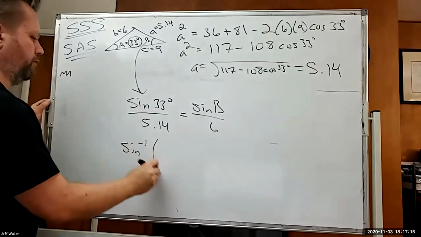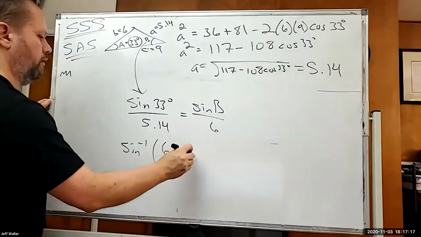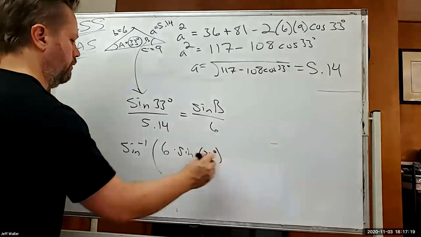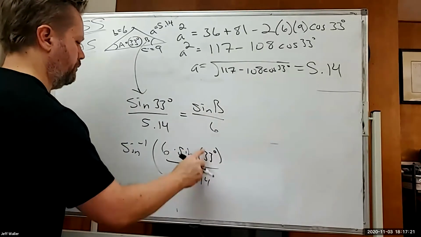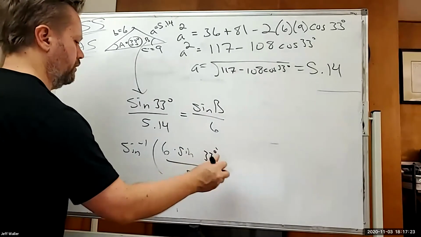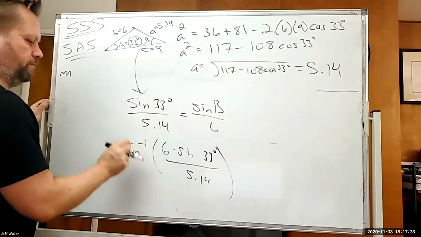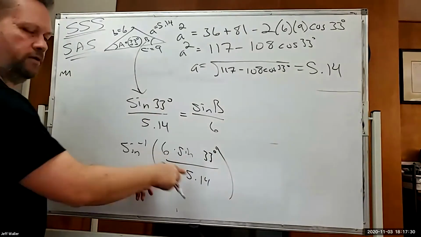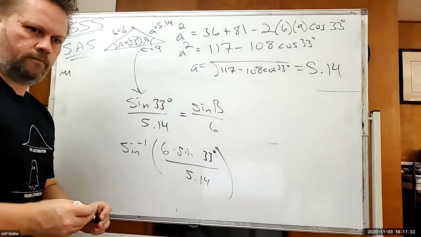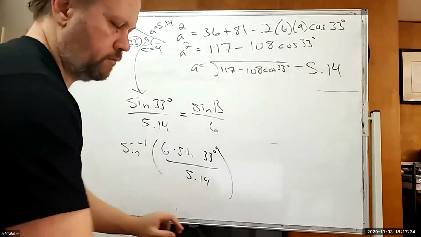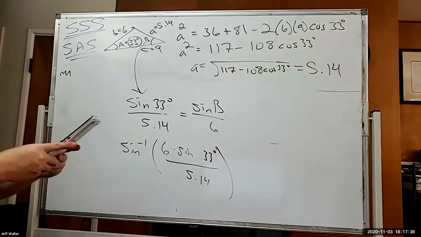So I would throw all of this into the calculator. I don't know why I put you in parentheses. Let's not do that. Is that right? Multiply by 6 and then take an inverse sine. So inverse sine of all of that. That's how we got it. Okay.